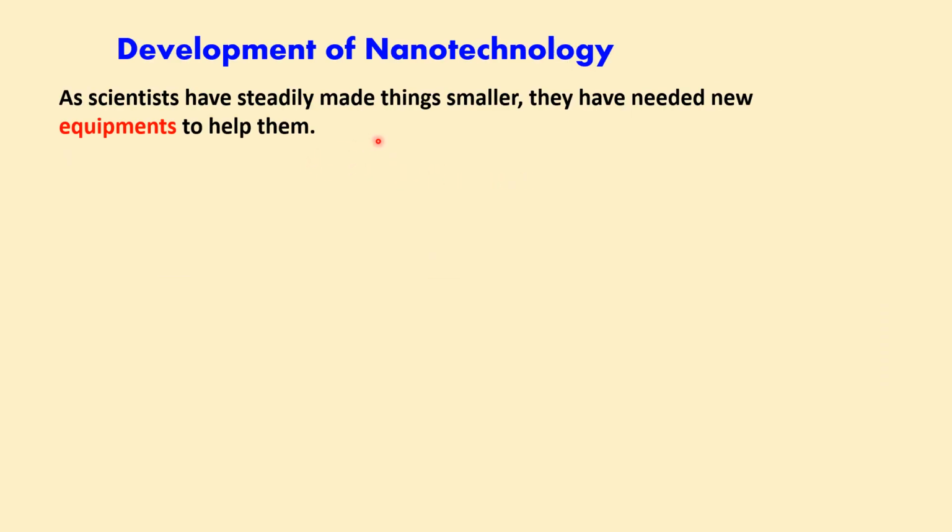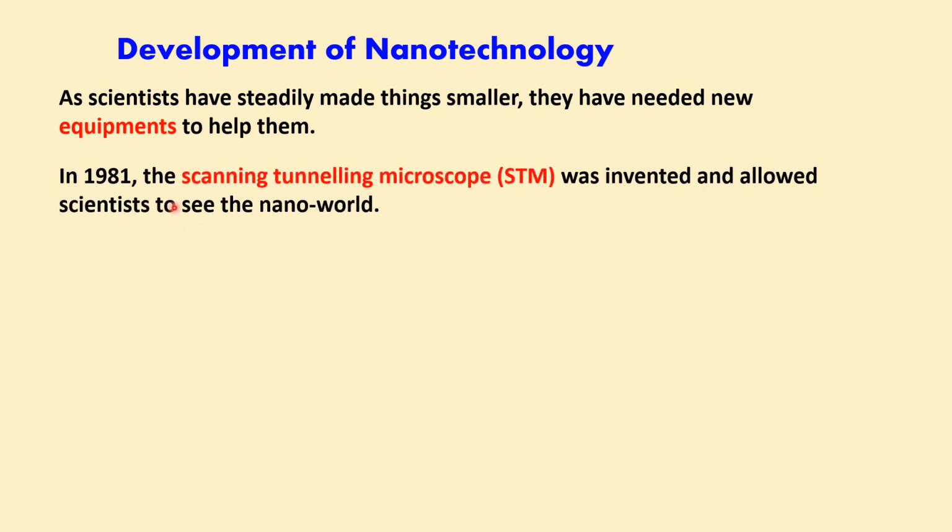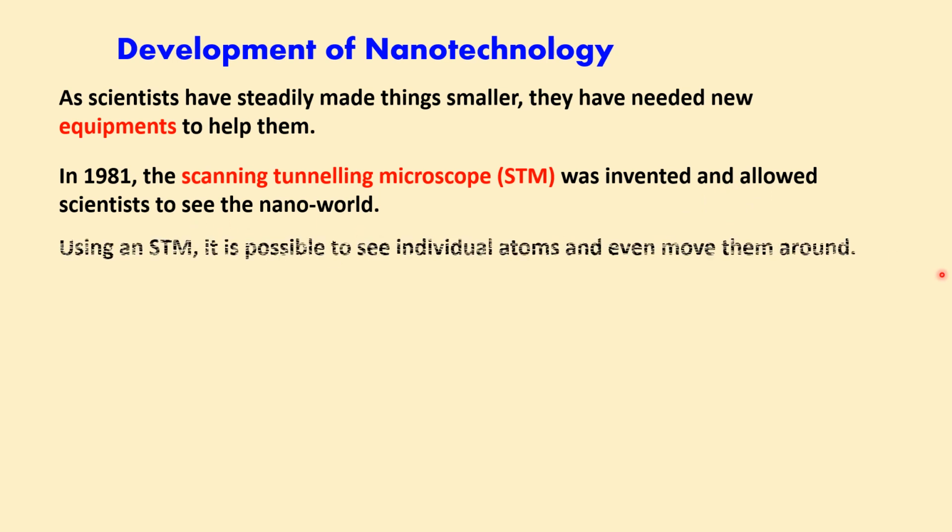And when scientists go to a lower or smaller scale, they need new equipment to characterize these particles. In 1981, a device, the scanning tunneling microscope, STM, was invented, and it allowed scientists to see the nano world, or the nanomaterials.